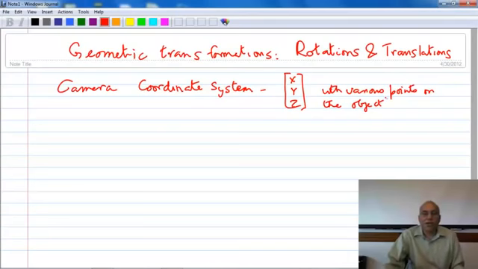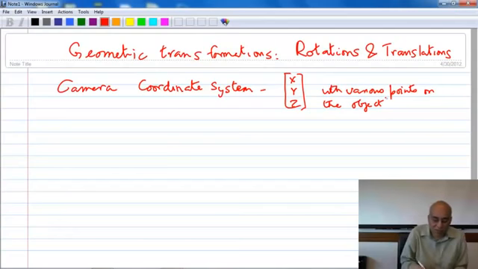Right. Now what happens if this object moves? So all these coordinates will change. Coordinates change.